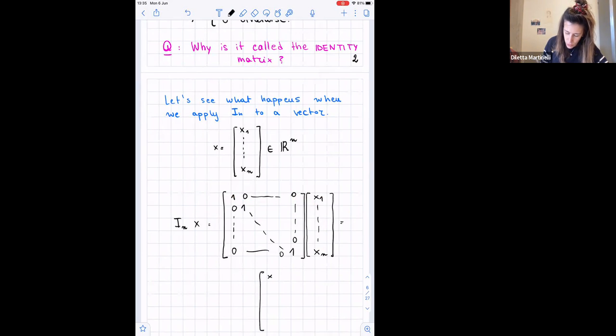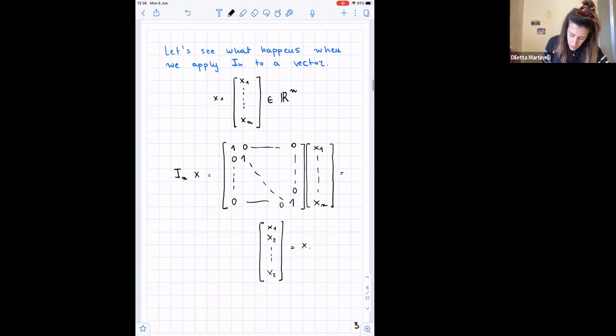So the inner product of the first row with the vector gives just x1. Then if we do the same for the second row, we have 0 times x1 plus 1 times x2, and all the rest are 0. So we get x2, and so on. So we get back x. So x is mapped to itself. That's why it's called the identity. The identity matrix leaves the vector unchanged.